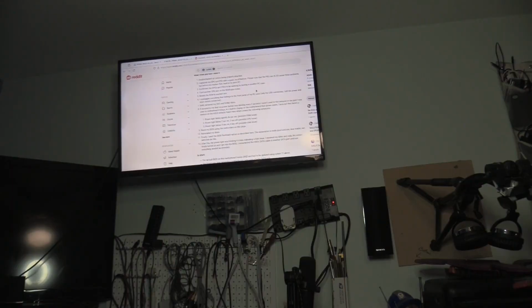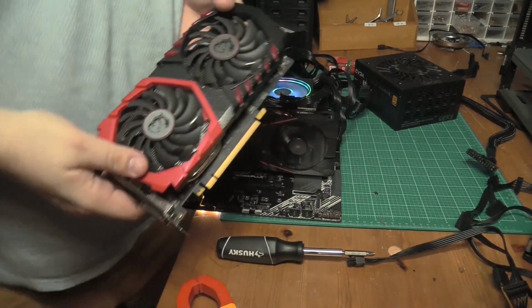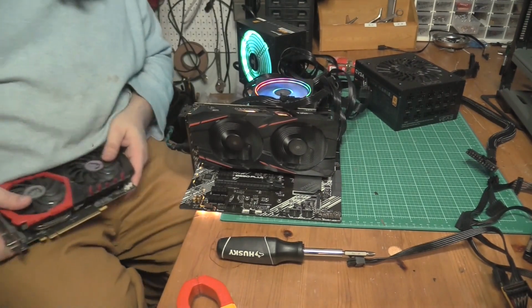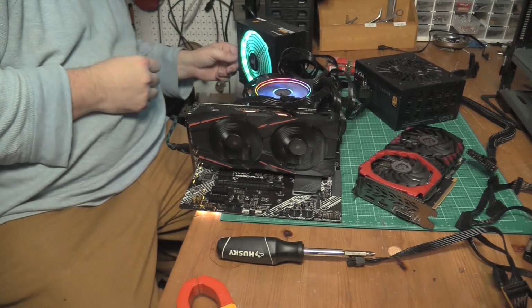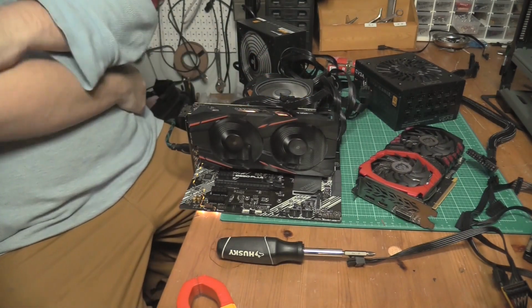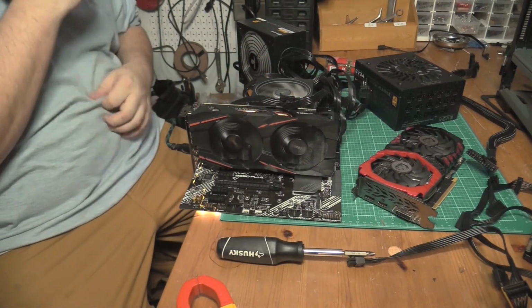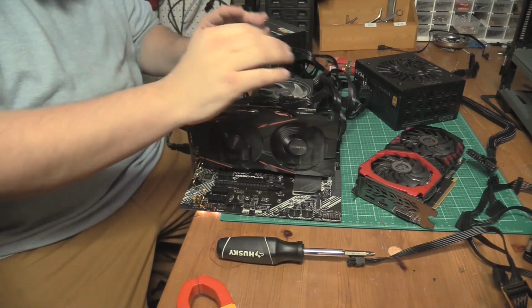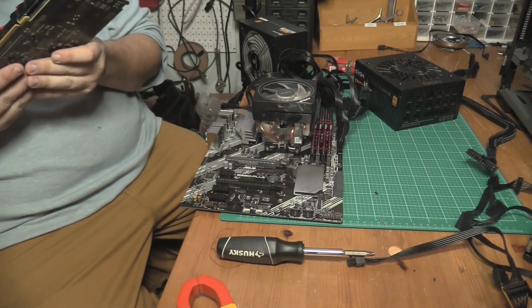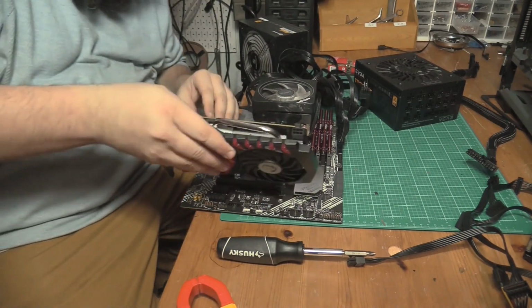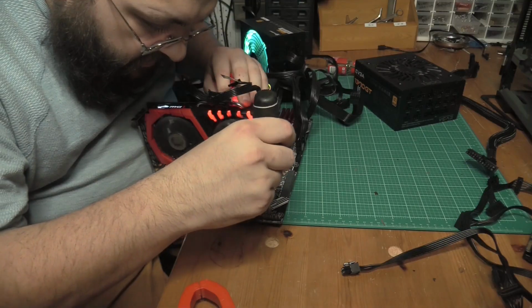Let's try different graphics. This is a different graphics card of similar vintage. Modern. You know, the here and now. As usual, we're just trying to rule out the possibilities. There we go.